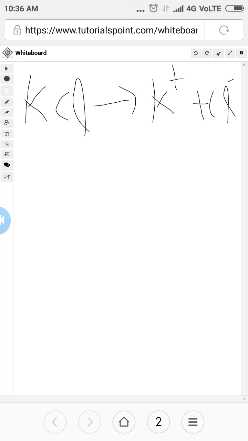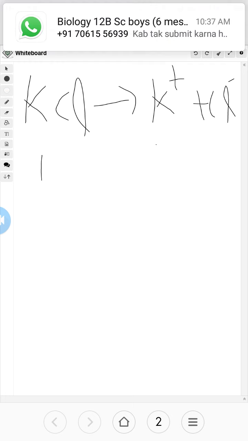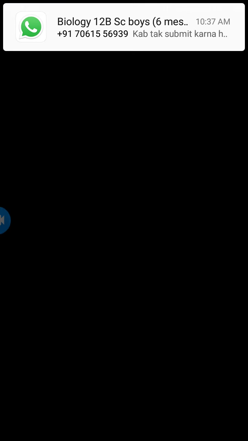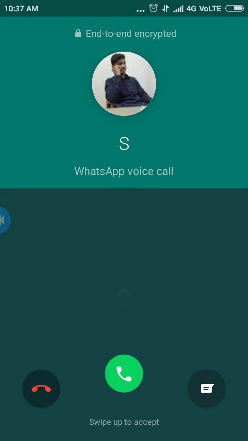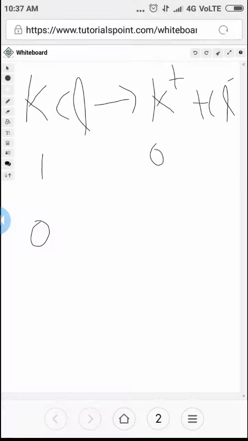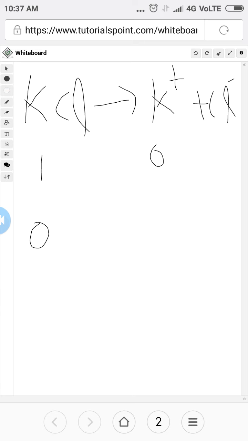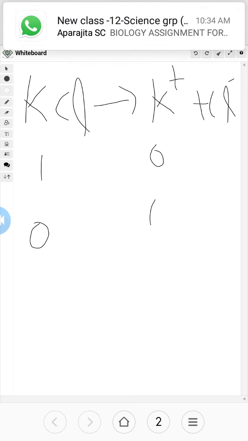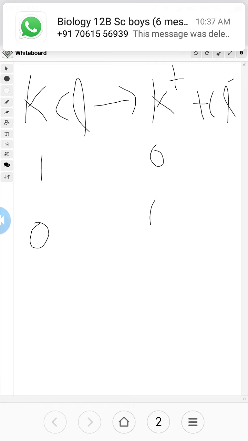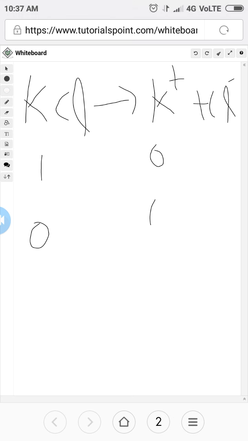Before dissociation, KCl is 1, K plus 0 and Cl minus also 0.